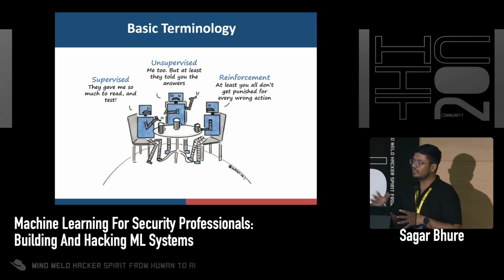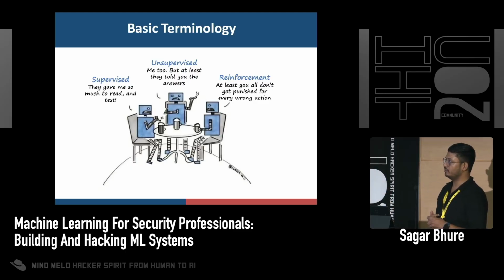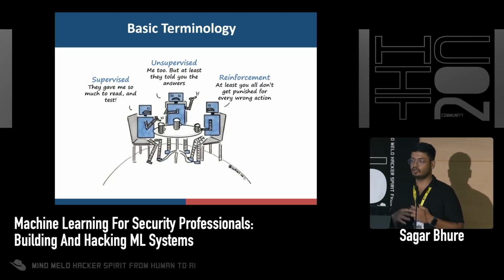Let's assume that there are three guys sitting who bought something from IKEA. Supervised learning is where he knows what to do. He bought a chair and a table. He has a manual to assemble it, and he knows how to assemble that, right? That's supervised learning. You have the manual, you have the product.